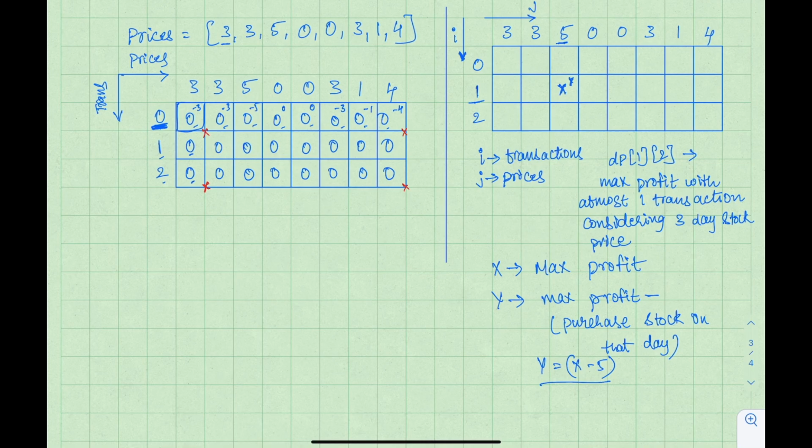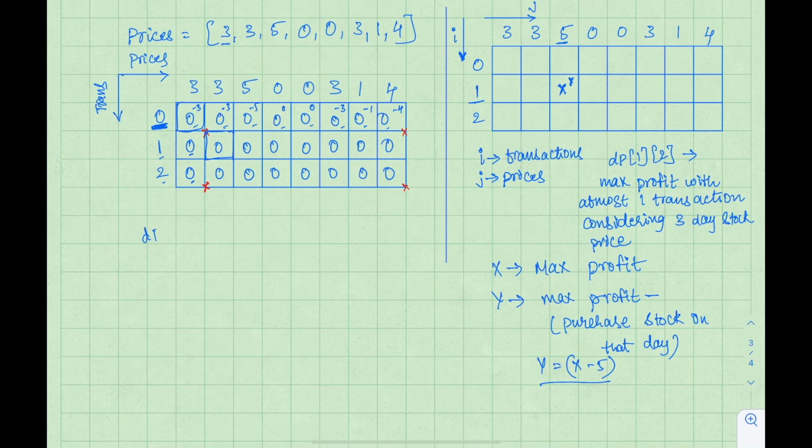Now we are going to go to the real part where we are going to update this dynamic programming array. So what are we going to do?